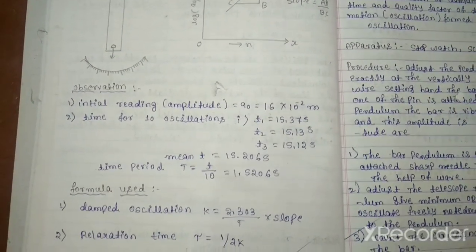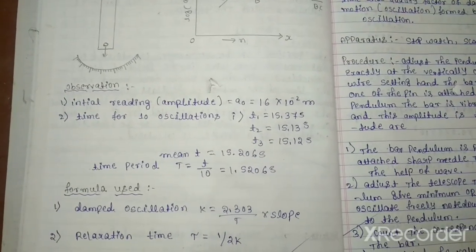For example, when you start the experiment, the left edge of the bar pendulum reaches 16 on the scale. So 16 centimeter is the initial amplitude, which is nothing but the initial reading A naught.